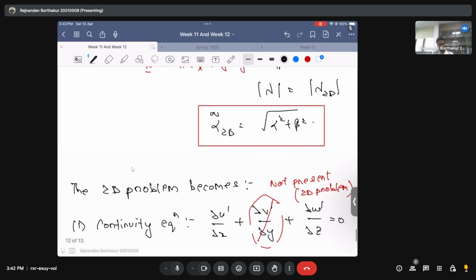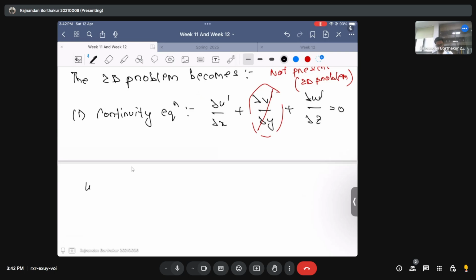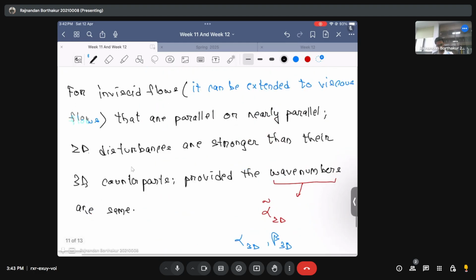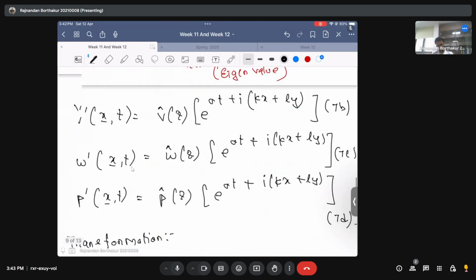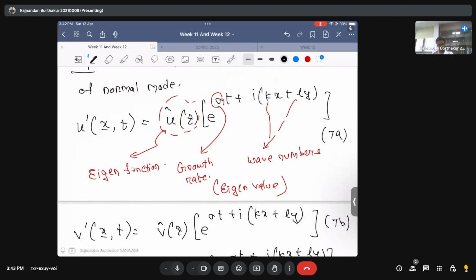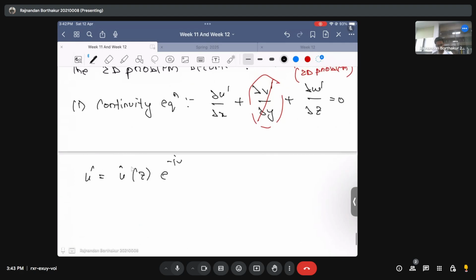So then I hope you can understand that your normal modes, which were basically u prime of z e power, what was it? So what was the normal mode that we wrote? It was e power minus I alpha ct plus I times of alpha x plus beta y. But we know that it's just a 2D problem, so I just don't have this term.